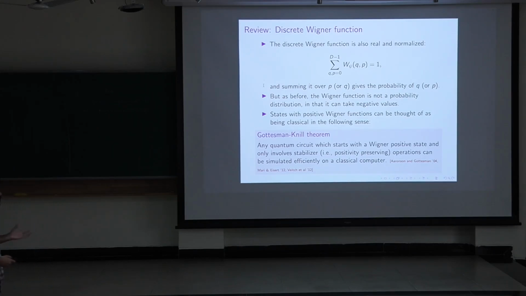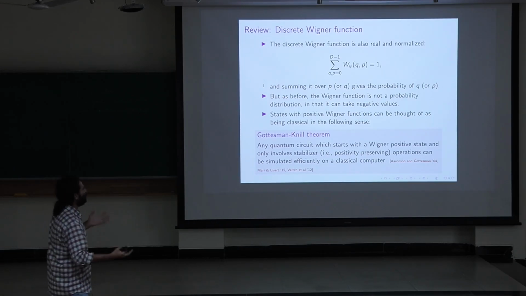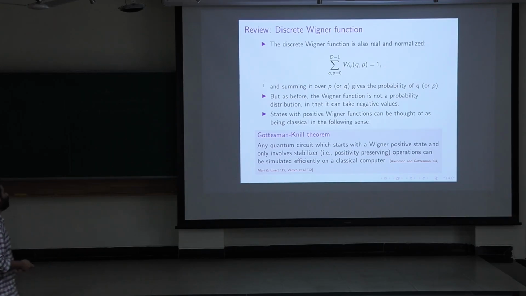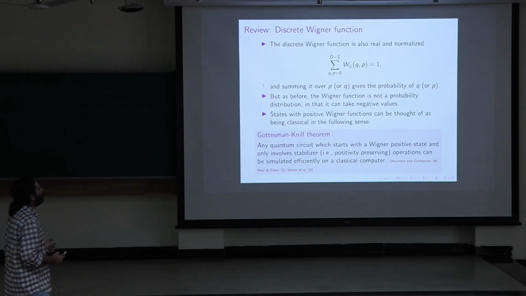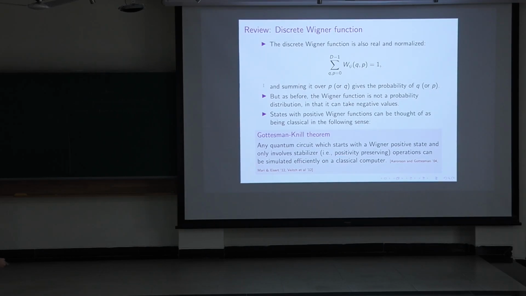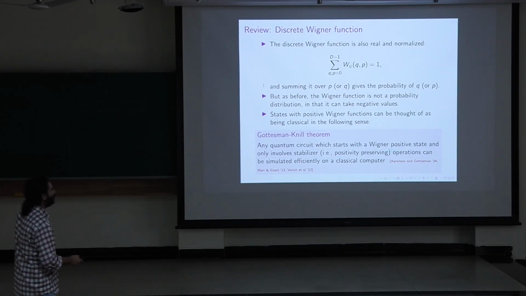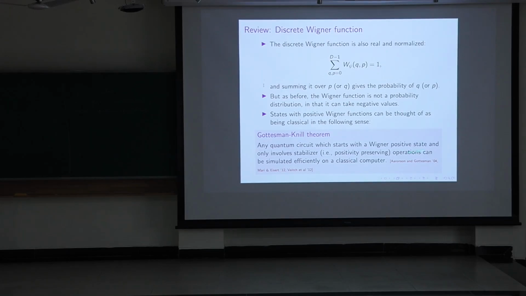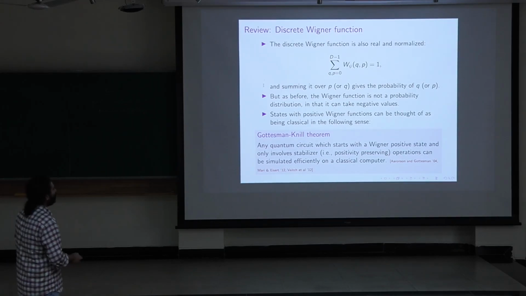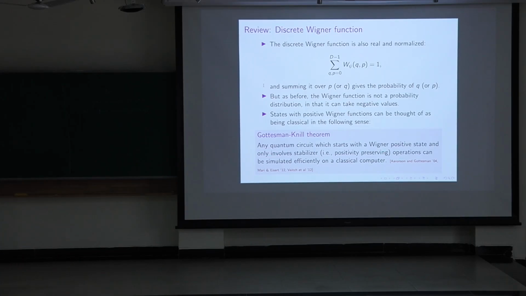As we discussed before, states with everywhere positive or non-negative Wigner functions you might think of as being classical, and the Gottesman-Knill theorem makes this very concrete. Within this finite dimensional setting, their statement is as follows. Any quantum circuit which starts with a Wigner positive state, namely a state with an everywhere non-negative Wigner function, and only uses positivity preserving operations.